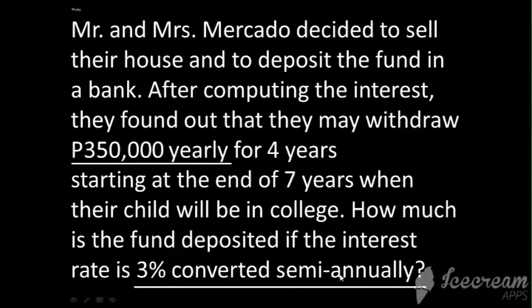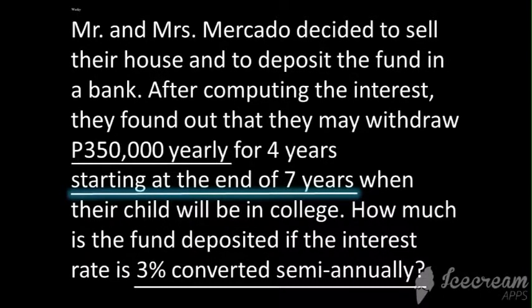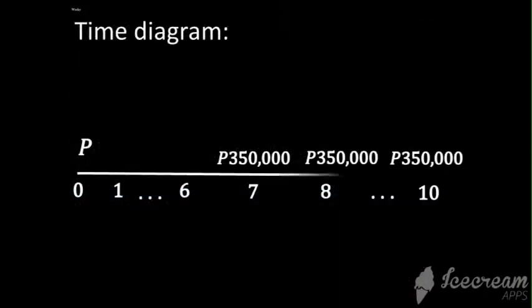So this is a general annuity. However, it will start at the end of 7 years. So this is a deferred general annuity. In our time diagram, again, the payment will start after 7 years. And so therefore, there are 6 skipped payments.